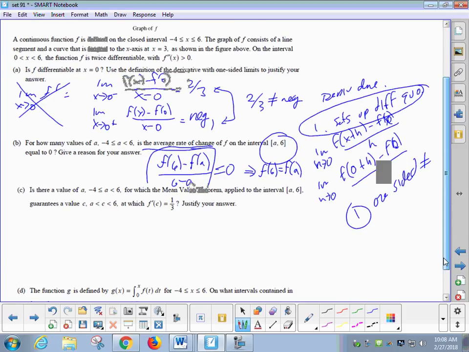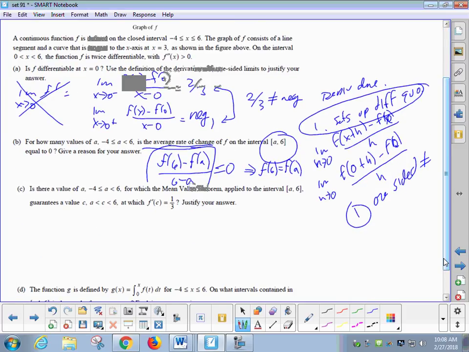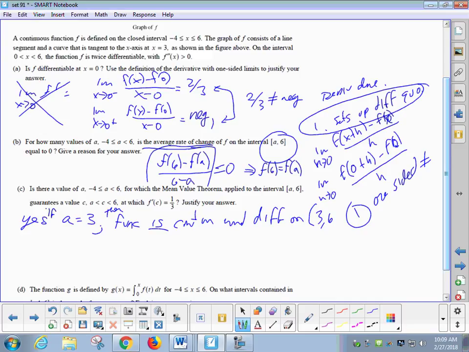So you'd say something like, first of all, answer the question. Some people had the right idea, and I could definitely see they knew what they were doing, but they never really came out and said, is there a value of A? The first thing you should probably do is say, yes, A equals 3, then the function is continuous and differentiable on the interval 3 to 6.